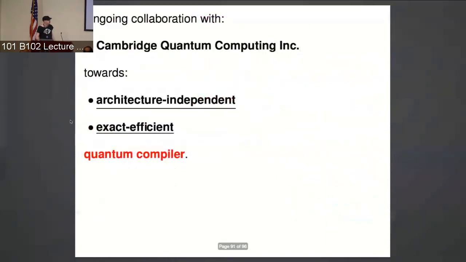As a result of all this recent progress, because it's applied category theory, we're now working with a quantum computing company who's giving us money to do this sort of stuff. It's called Cambridge Quantum Computing. Basically what we're building is an architecture-independent, very efficient quantum compiler, in an exact way, where we can produce equations diagrammatically.